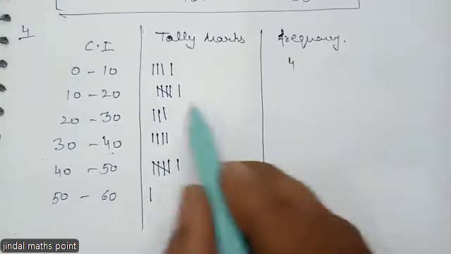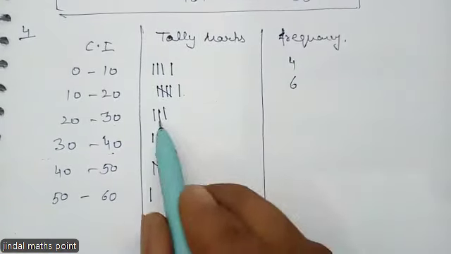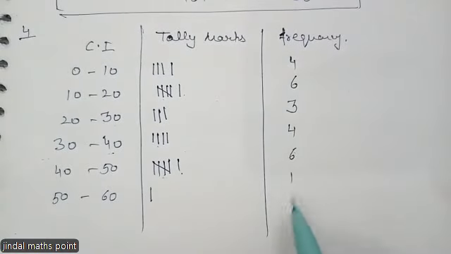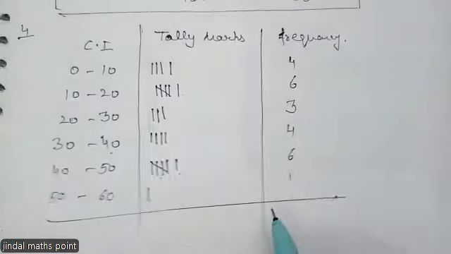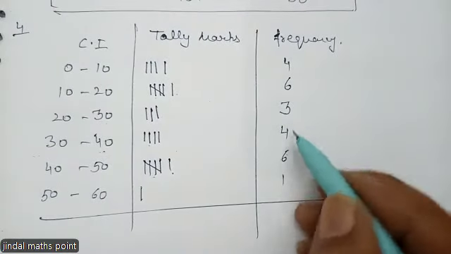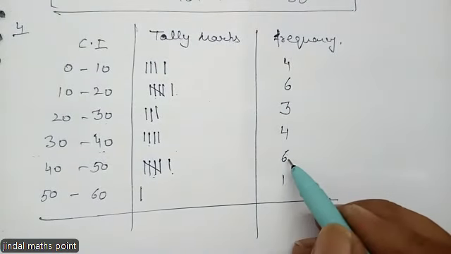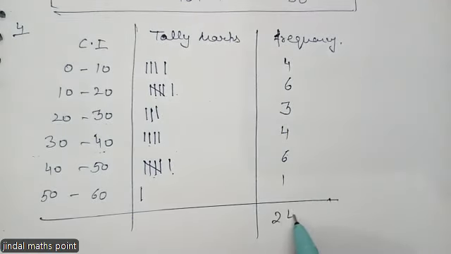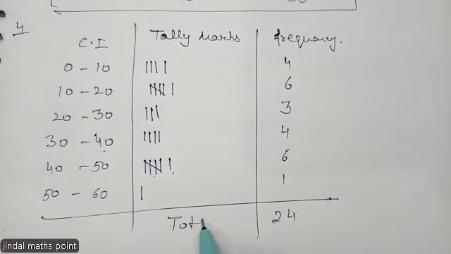4, 5, 1, 6, 3, 4, 5, 1, 6, 1. Add these two. 10, 3, 13, 13, 4, 17, 17, 6, 23, 1, 24. Total.